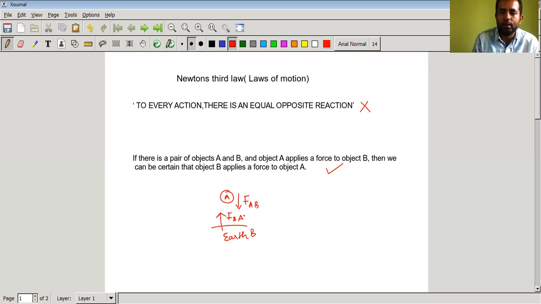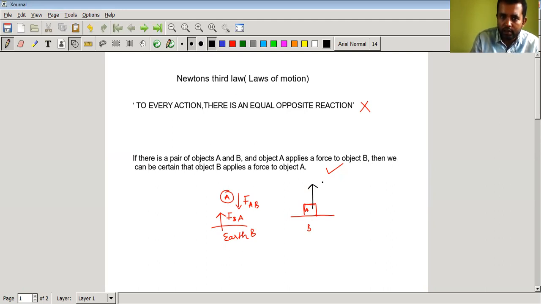Now let us take a second example, that suppose there is a block resting on a table. Now we all know that, let us again say this to be A and this to be B. And this table will exert a normal force or contact force.